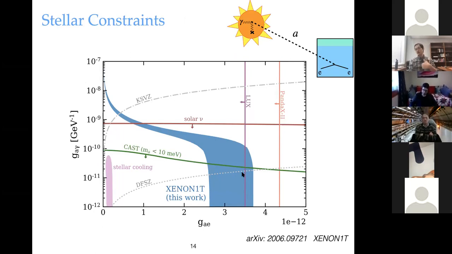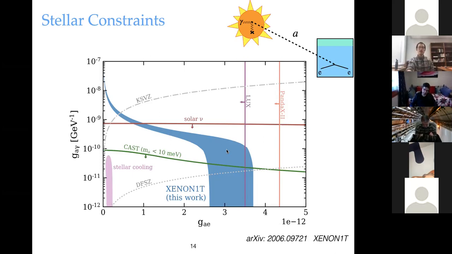This part means they are uncorrelated with g_aγ, because your g_ae is pretty large. You can just use g_ae to produce it and g_ae to detect it. So you have some region uncorrelated with g_aγ, and then you have this slope here. This is because your g_aγ is becoming larger, and actually you need to use g_aγ to detect it, and also g_ae g_aγ to produce it, and g_ae to detect it. So you get this correlation.